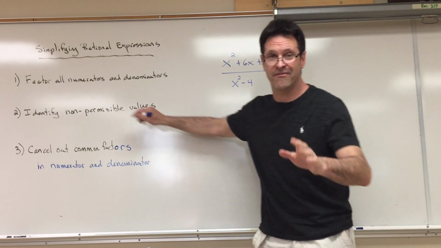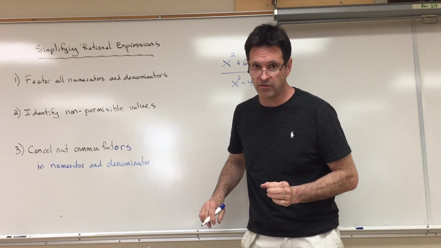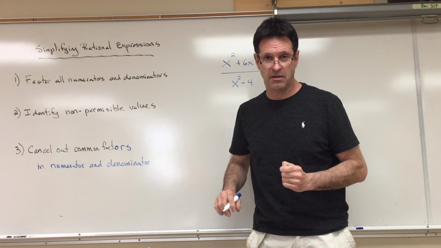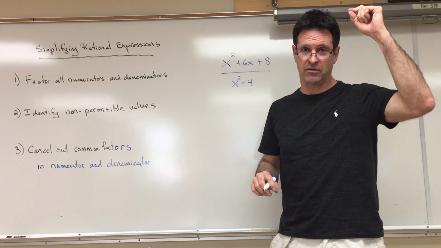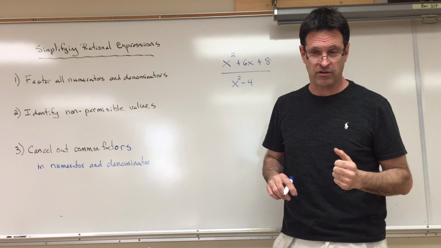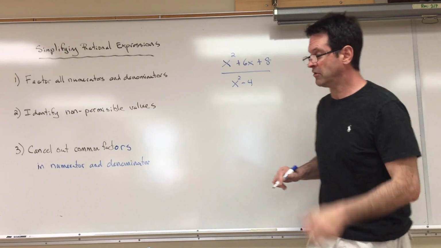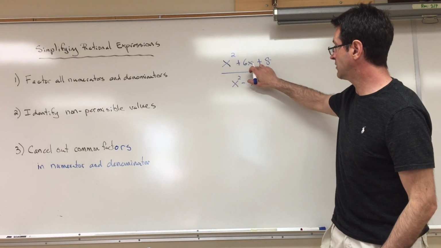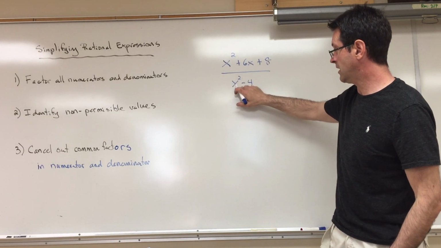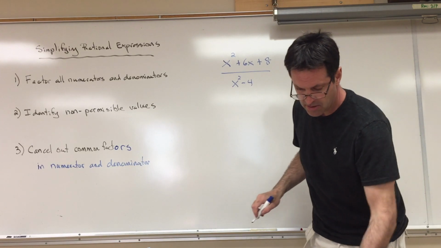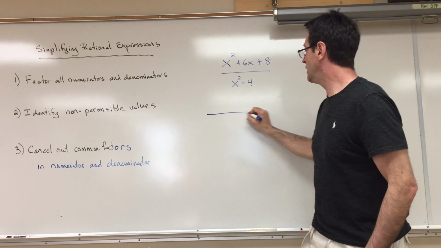Well, first thing I do is factor all the numerators and all the denominators. In the same way that we cancel out common factors in top and bottom in fractions, we're going to cancel out common factors in top and bottom of rational expressions. So x squared plus 6x plus 8 divided by x squared minus 4. I'm going to factor the numerator and the denominator.